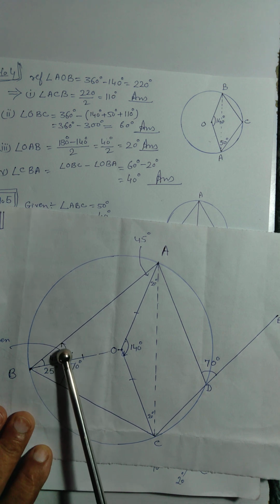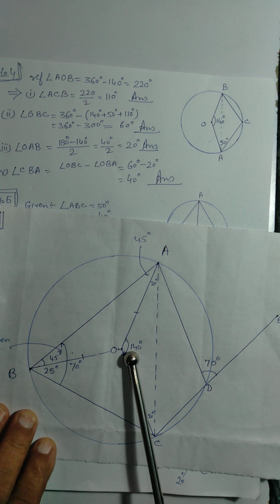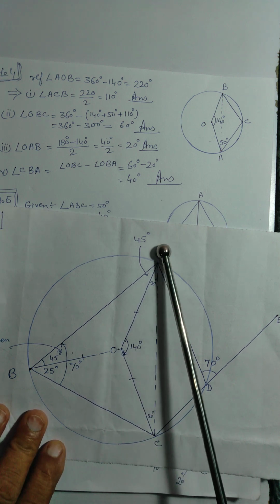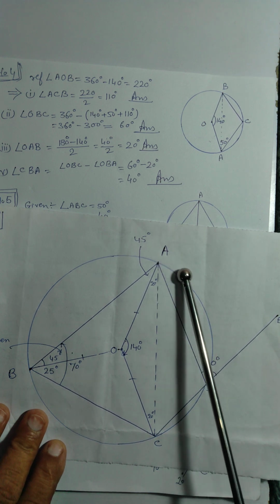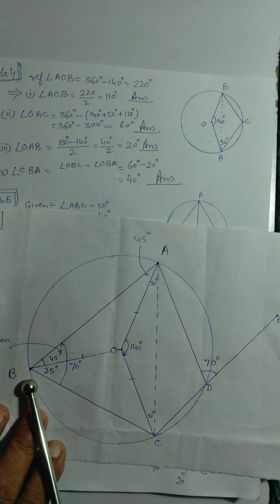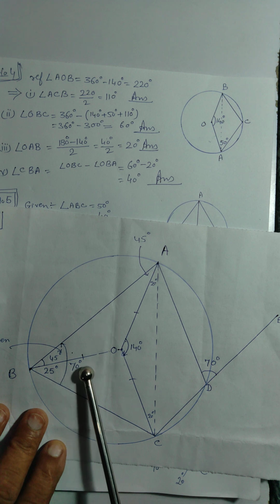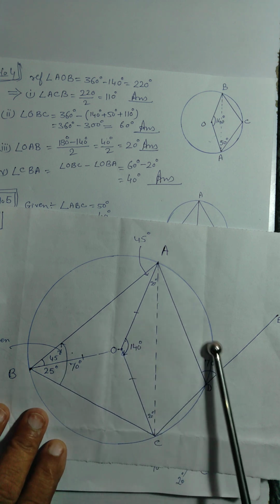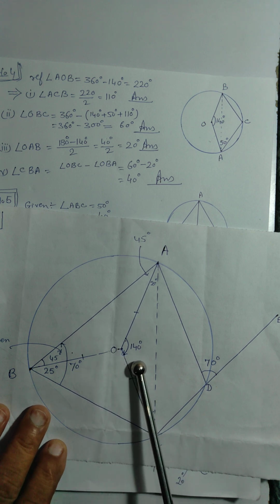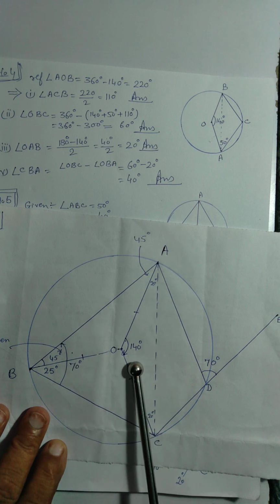Once you got this 70 degrees, just double of it will be on the center, meaning the angle subtended by the segment ADC at B is 70 degrees. Therefore just double of it will be the angle subtended by the segment at the center, that is 140 degrees. 70 into 2, that is 140 degrees.